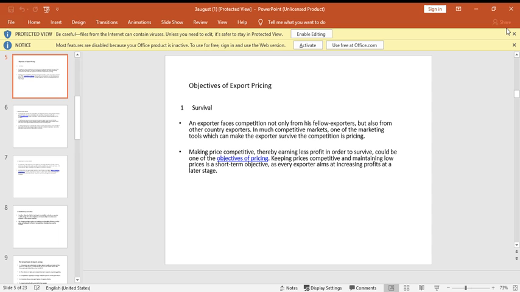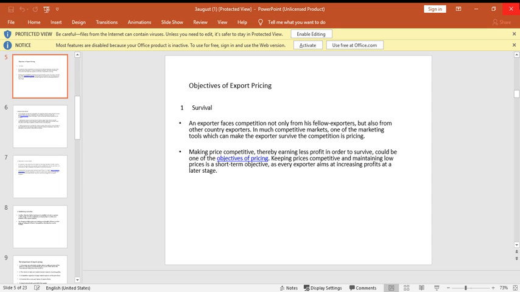Making the price competitive, thereby earning less profit in order to survive, could be only one of the objectives of pricing. Keeping prices competitive and maintaining low prices is a short term objective, as every exporter aims at increasing profits at a later stage. So, this is about survival.